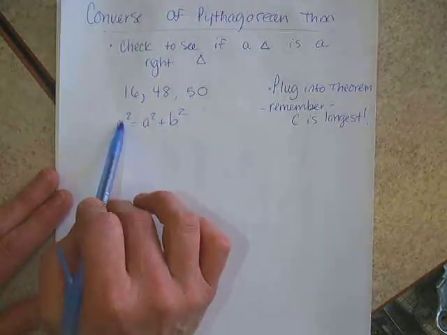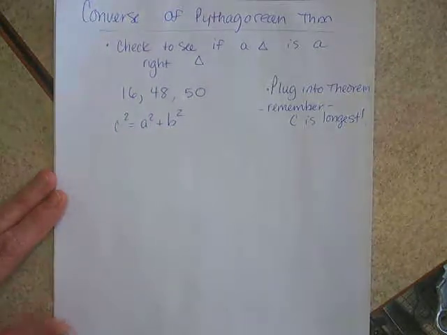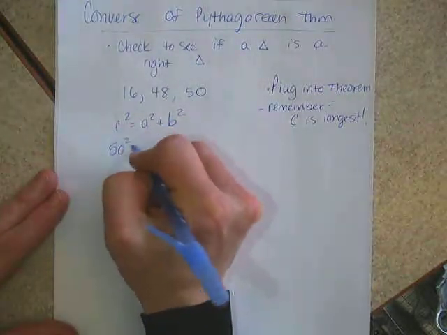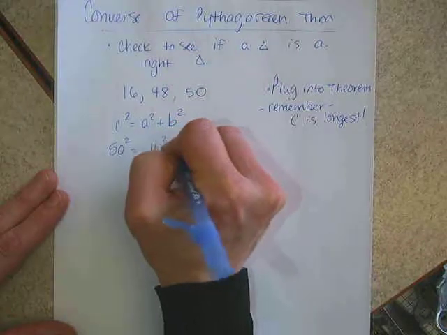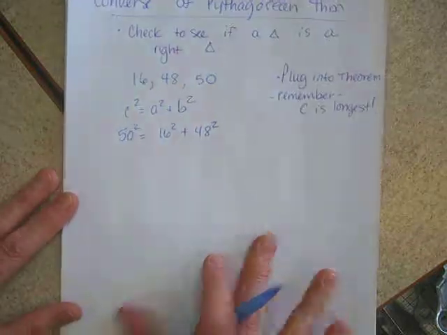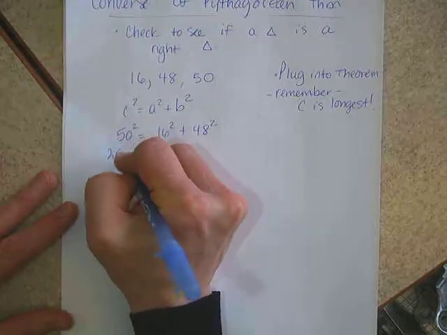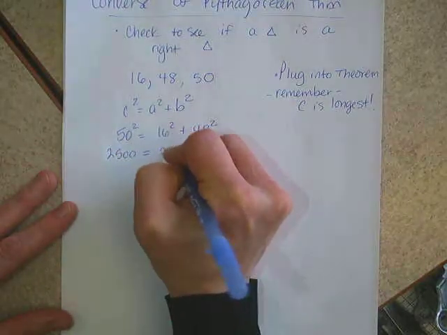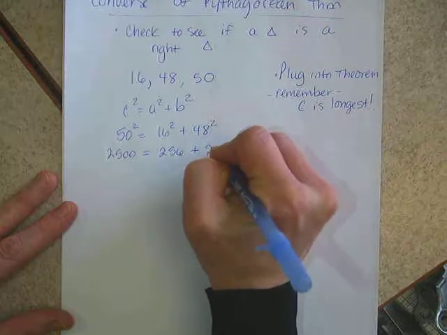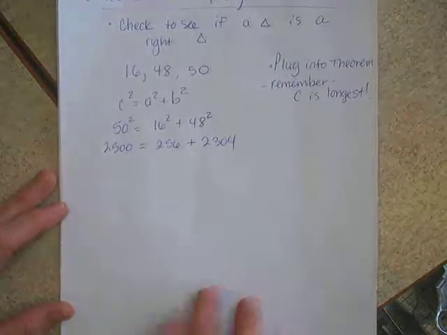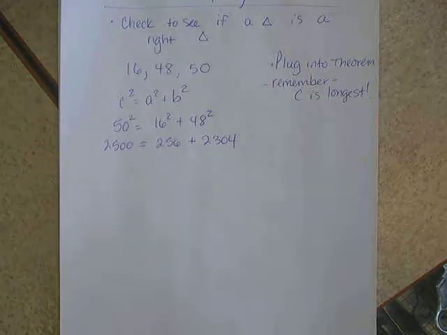So the 50 has to be in for C, the other two, we put them in either order. 50 squared equals 16 squared plus 48 squared. So we square each part.